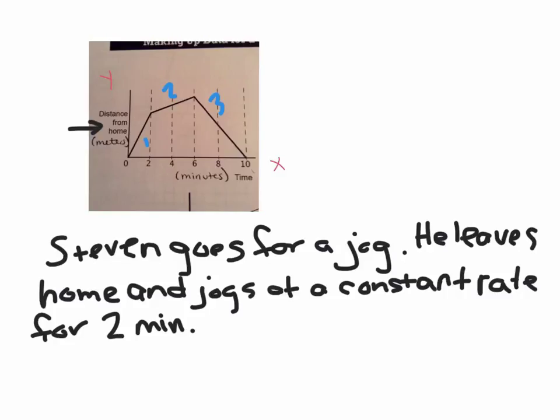Now we have to decide what's going on in Section 2. Well, I can tell by the steepness of the incline of the line that Stephen has definitely slowed down. All right, he's not jogging anymore. So we make up a scenario where he meets up with a friend, okay?